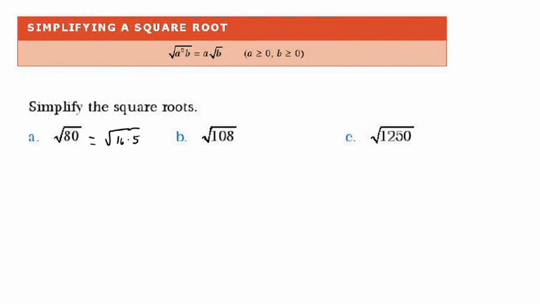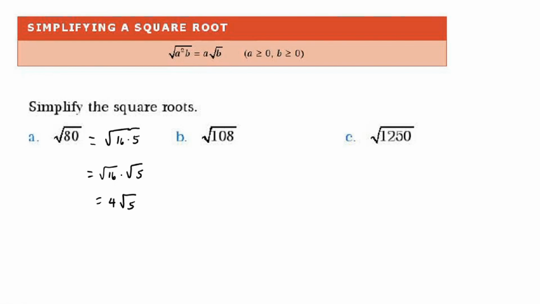Is it 80? Yes, it's 80. Now we take the square root of 16, so we have the square root of 16 times the square root of 5. The square root of 16 is 4. We have 4 square root of 5. So your A is 4 and your B is 5.